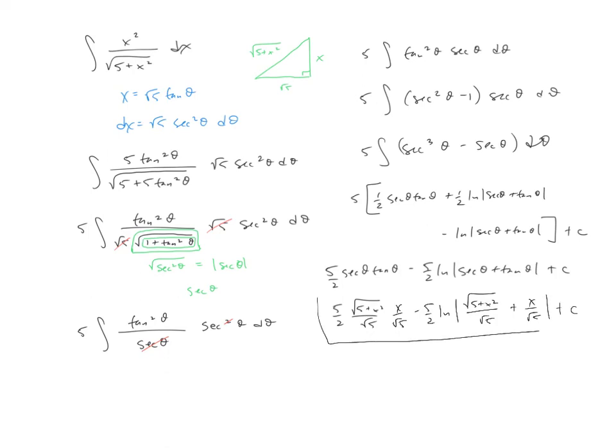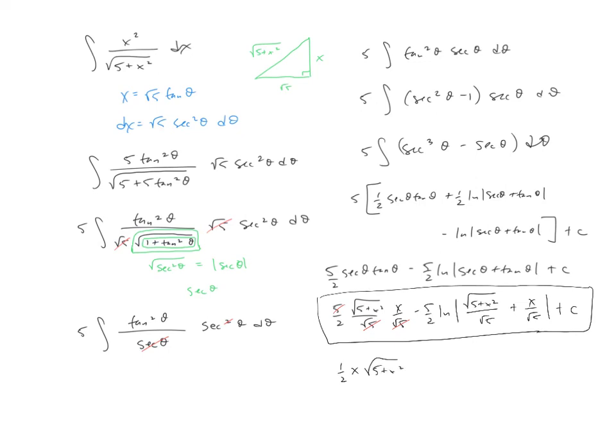And from here, you could certainly clean that up, and I would encourage you to. There's a few things that can go away pretty quickly. For example, you can see here that the root 5s and the 5 go away there, in which case you would just have the 1/2 x root 5 plus x squared.